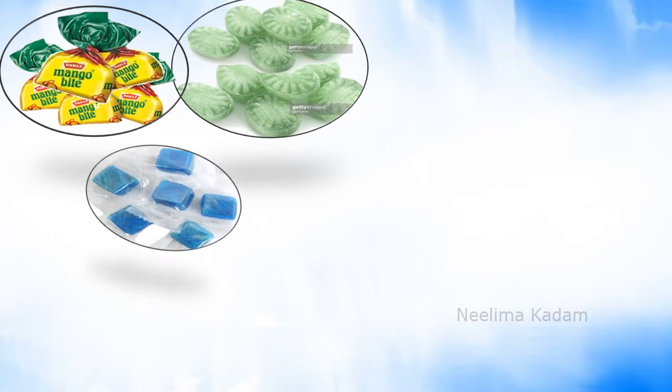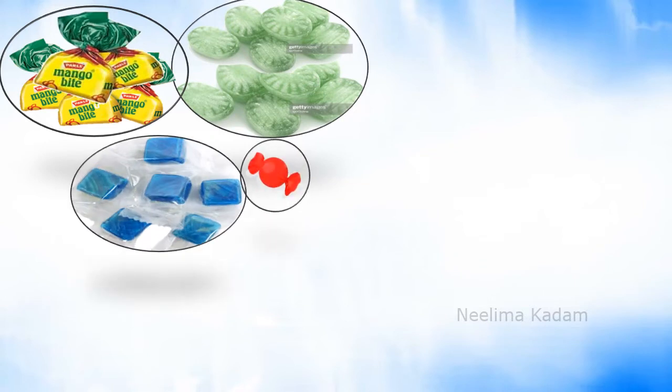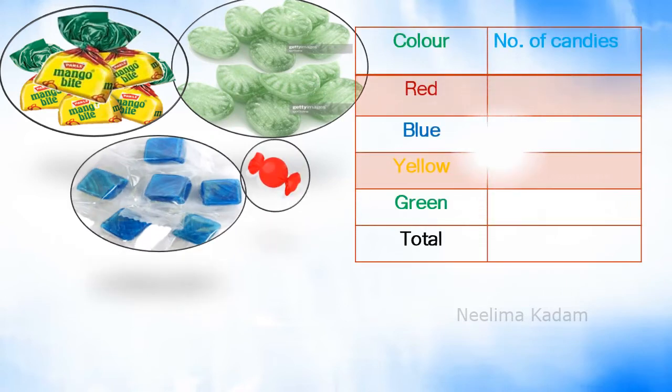Now dear friends, last example we have seen this type of example. What we have to do? Yes, we have to make a table, right? So color, that is color of candies and number of candies. Now number of red candies 1, blue candies 6, yellow 5 and green 12. Okay. Therefore there are total, make the total of these.